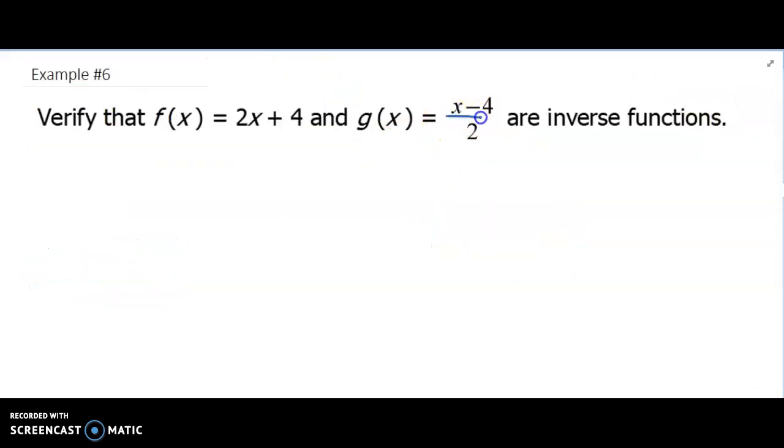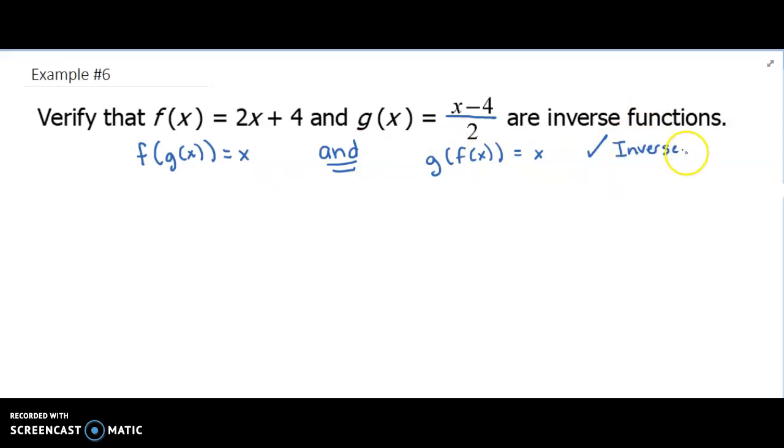All right, guys, let's look at example 6. If it says verify they're inverses, what we want to show is that f of g of x is equal to x, and that g of f of x is equal to x. If this is satisfied, then they're inverse functions.